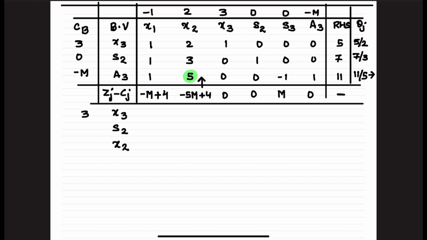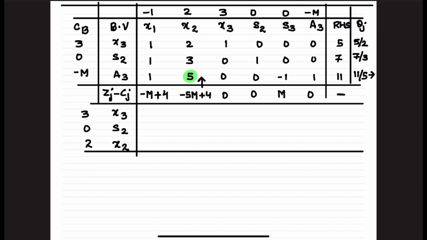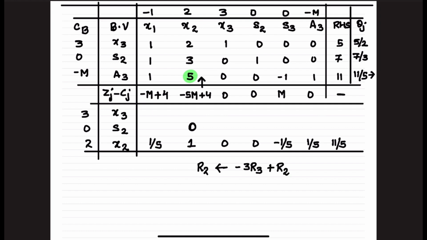x3's is 3, S2's is 0, x2's you have. We need to make the pivot 1, divide throughout by 5. Here we need to make 0, so multiply the pivot row by -3 and add it to the second row.